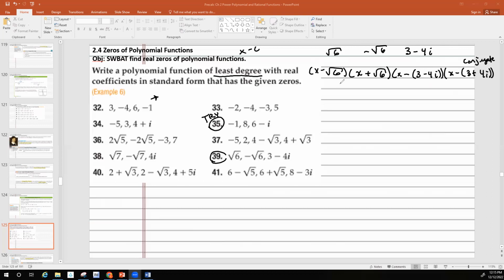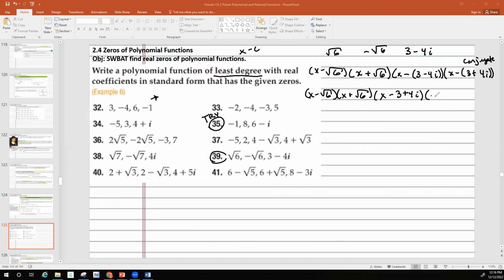Okay, now this one we have to simplify first. It'll be easier. So let's do that. We're going to distribute that negative. We get negative 3 plus 4i.